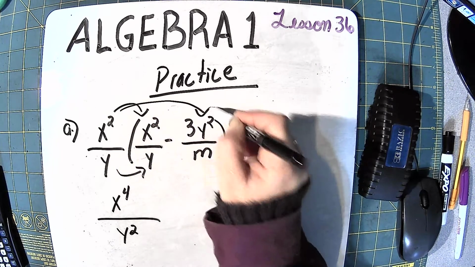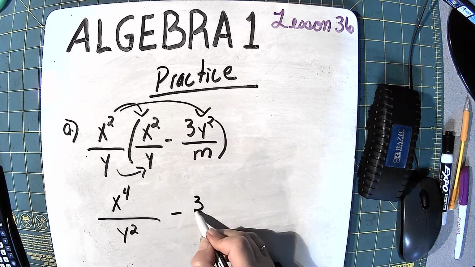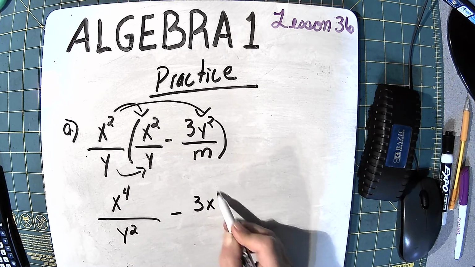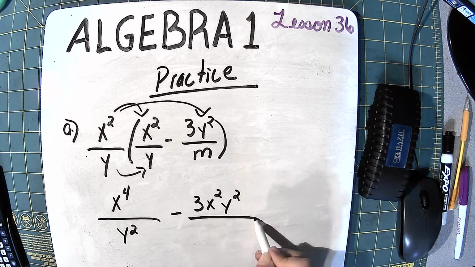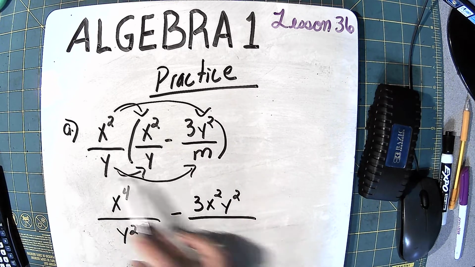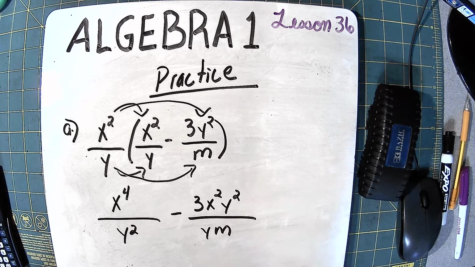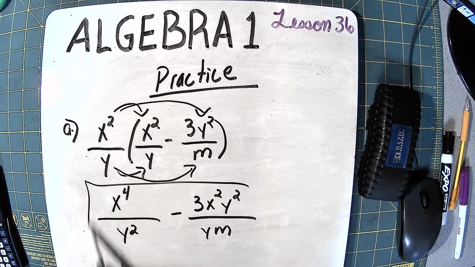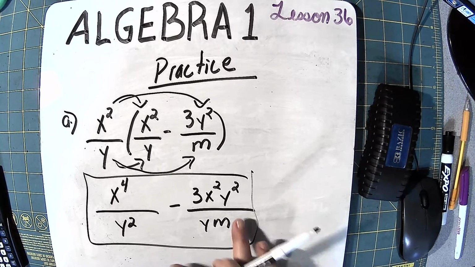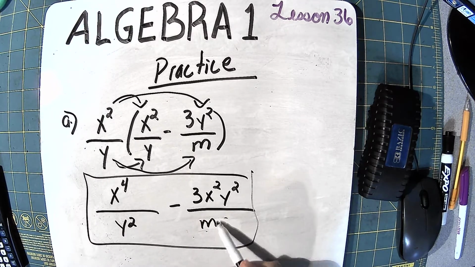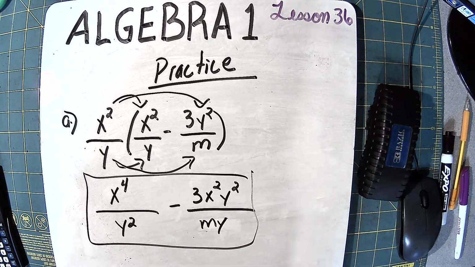Now I'm going to move on to here, and I'm going to have negative 3 x squared y squared over ym. So that's the answer to that one. Now if you put any of these in a different order, that's still the right answer. It doesn't matter what order they're in.